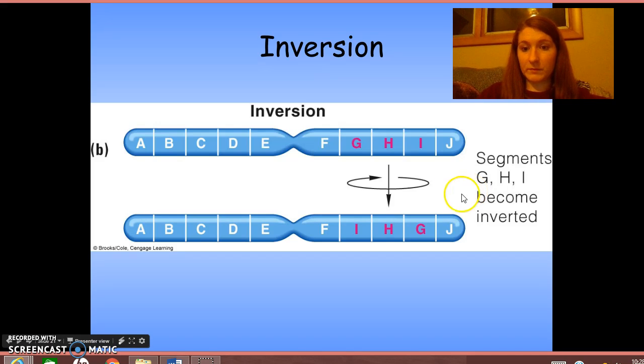But remember, not all mutations are bad. Maybe this inversion could have been good, and then it would be passed on in the genes of the offspring of this individual that has this inversion. Because they're not always bad, you never know, it could end up being a good thing.